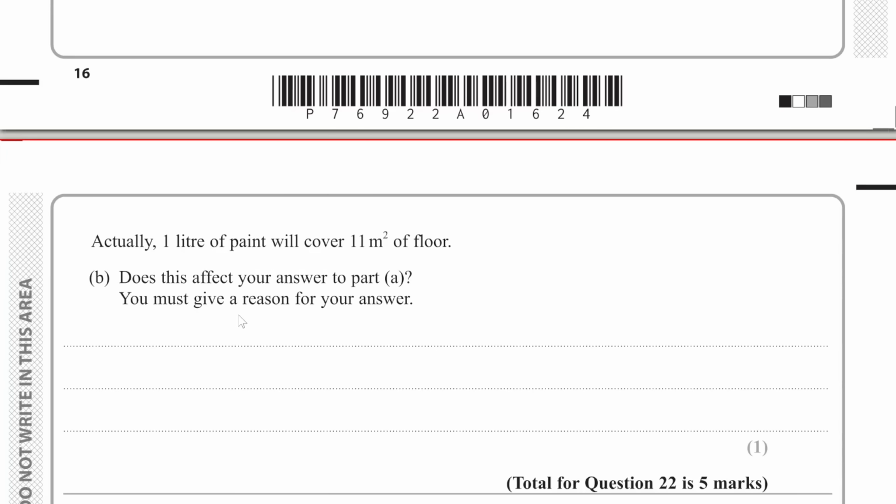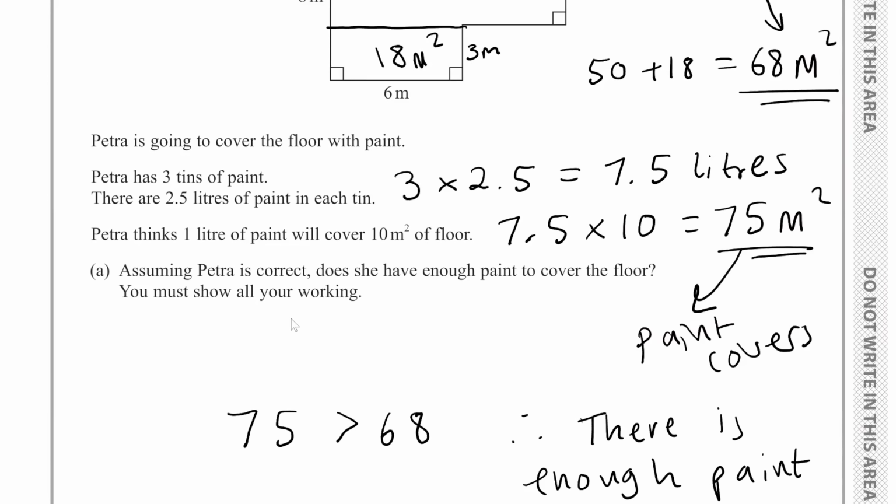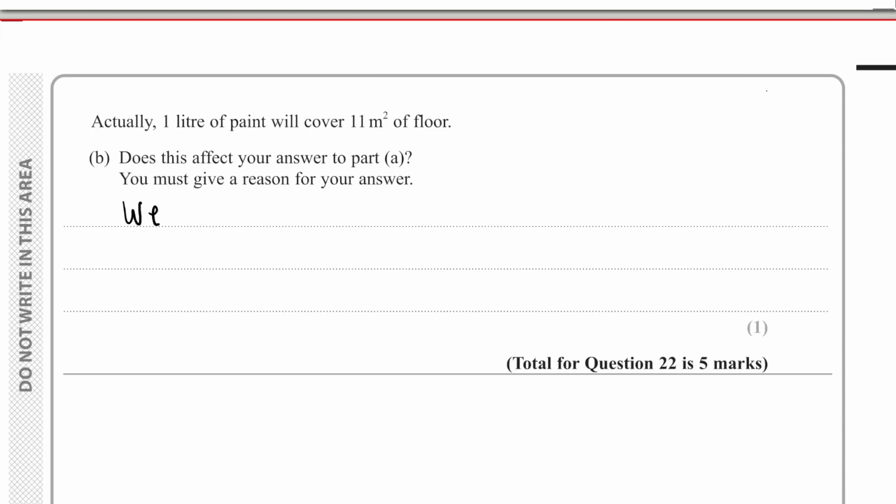Actually, 1 litre of paint will cover 11 metres squared. Does this affect your answer? So, no, because it's going to be even bigger. So we only need 68 metres squared. We only need to cover 68 metres squared.